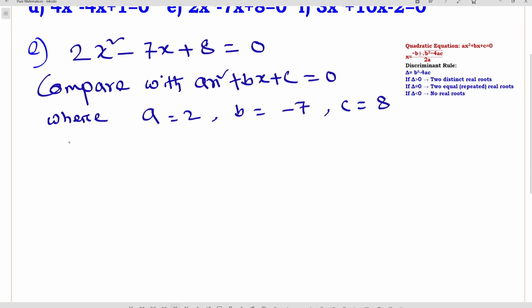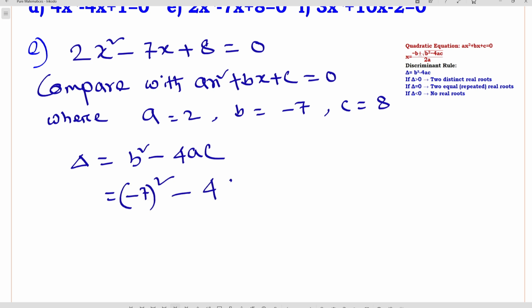So the discriminant equals b² - 4ac, because by this expression we can understand how many roots the equation has. So here b means (-7)² minus 4 times a means 2, c means 8.